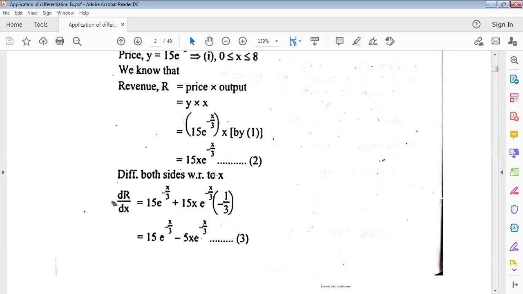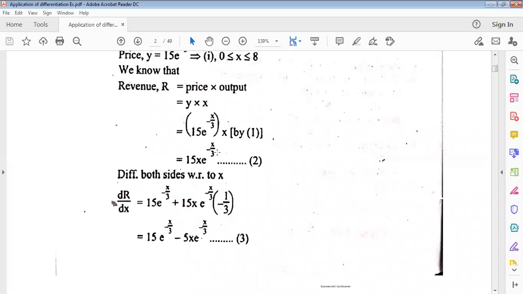Now differentiating first of all, dR/dx, taking d/dx on both sides. Then this will be what? 15 is constant, x is the first variable, e to the power minus x by 3 is the second variable.